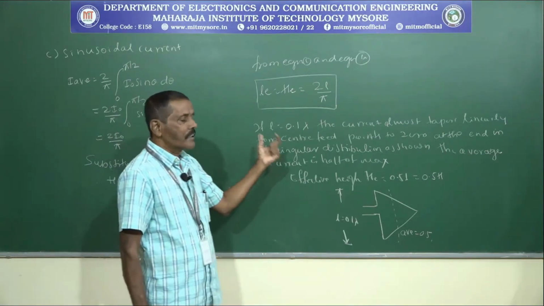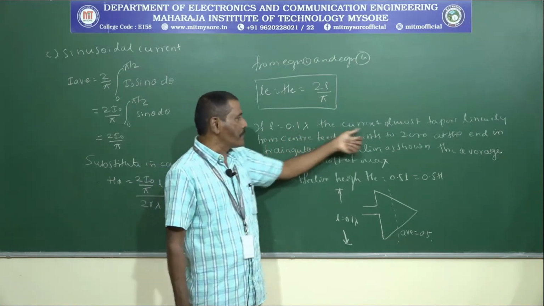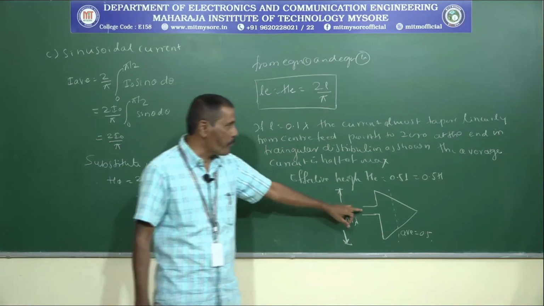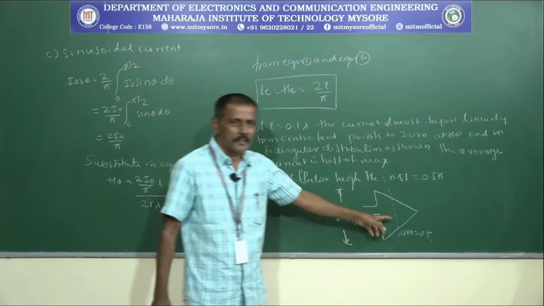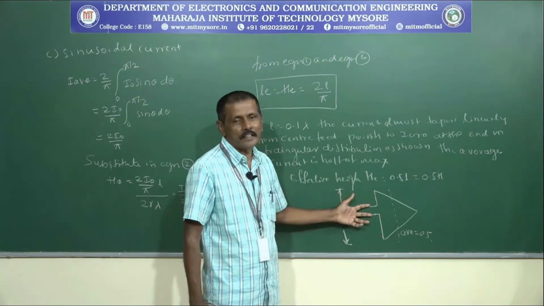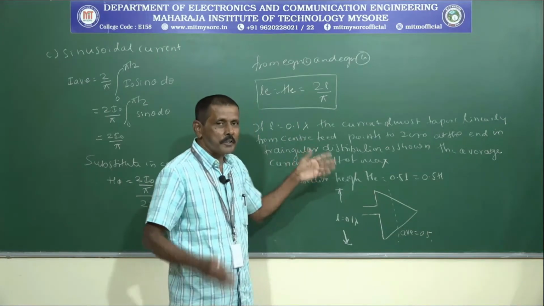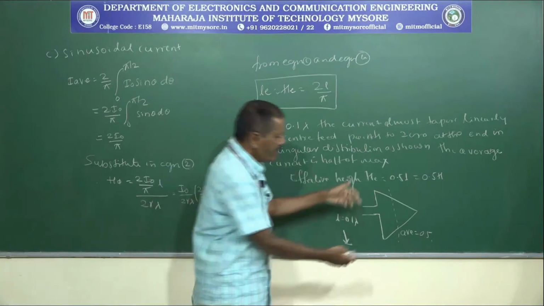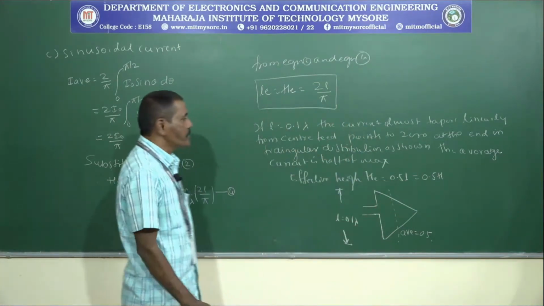Now considering a particular case, if L equal to 0.1 lambda, then the current almost tapers linearly from the center fed point to 0 at the end, in a triangular distribution as shown in the figure. We are feeding the signal at this point. If the length of the antenna is 0.1 lambda, then the current distribution tapers linearly in a triangular fashion, and here the current is going to be 0.